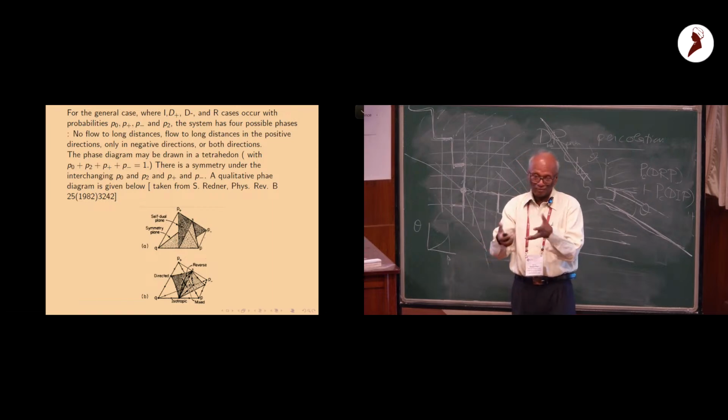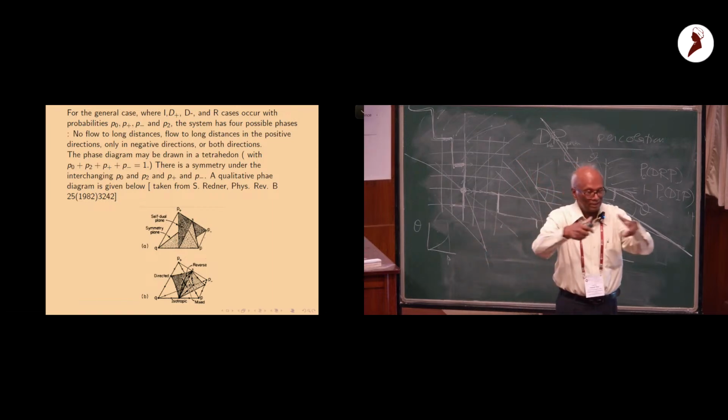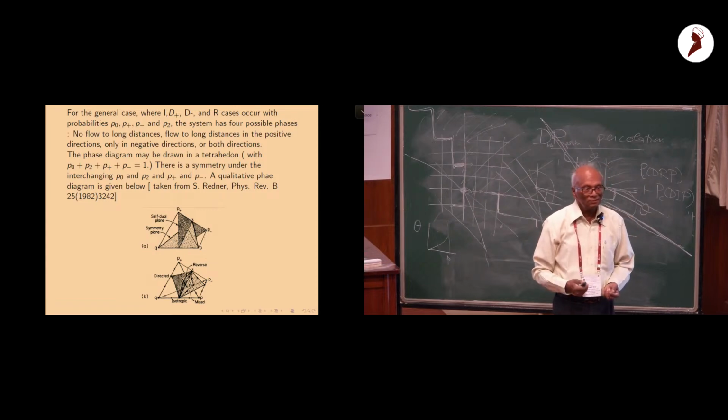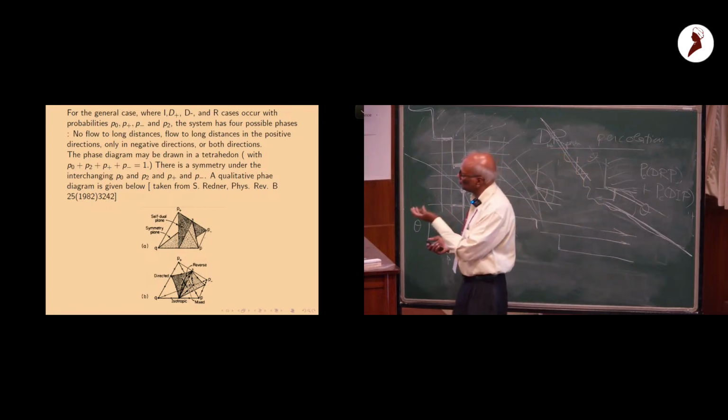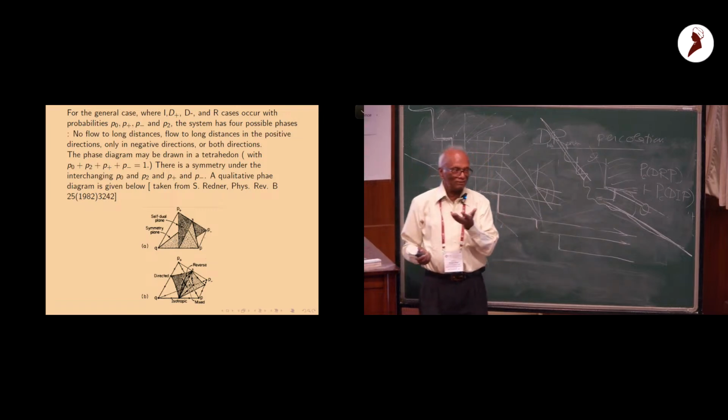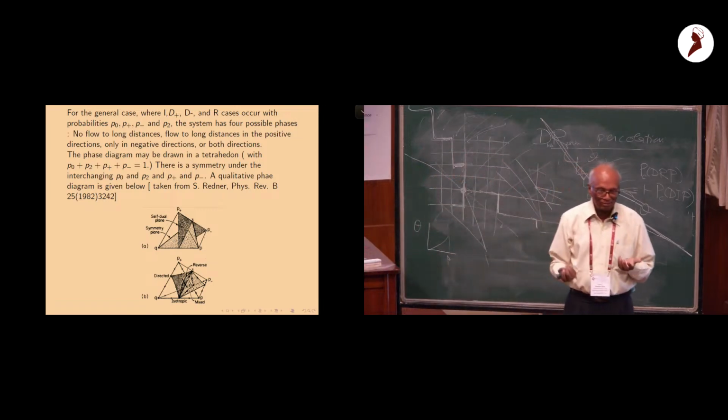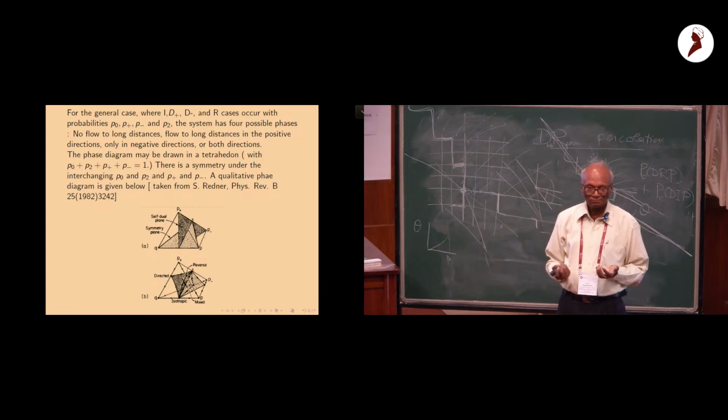But anyway, if you have 4 numbers which add up to 1, they can be denoted by points inside a tetrahedron, and each point denotes a particular value of P1, P2, P3, P4 in my notation, with the sum being equal to 1. Then there is a symmetry in this tetrahedron. If P changes to Q, that is, the resistors and insulators are flipped, you get the same problem. There is a connection through duality.